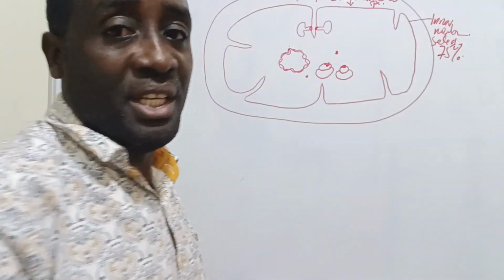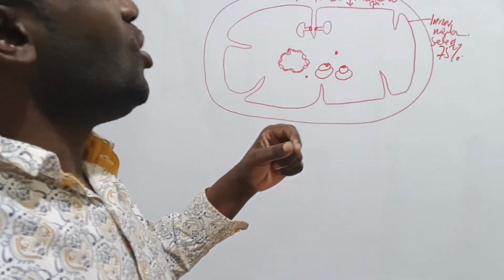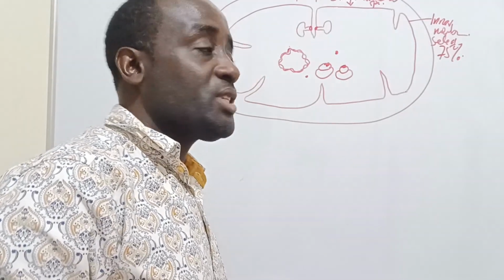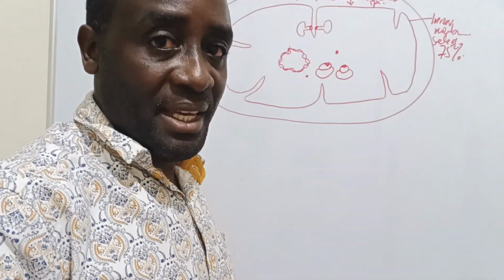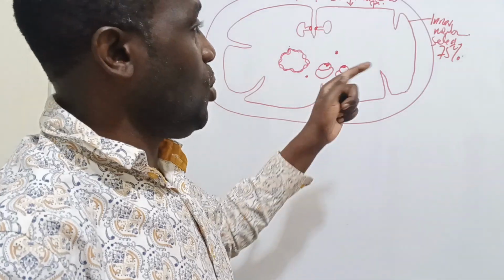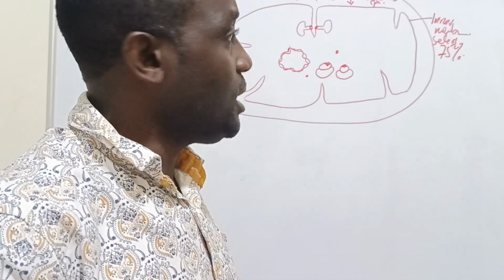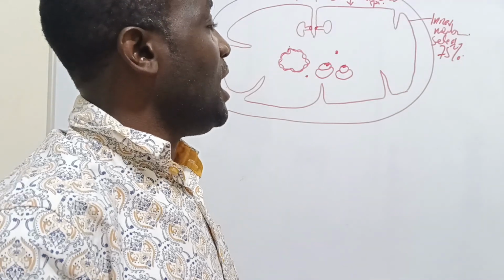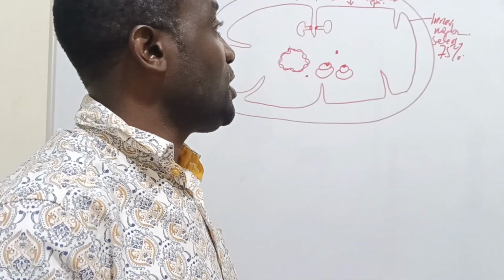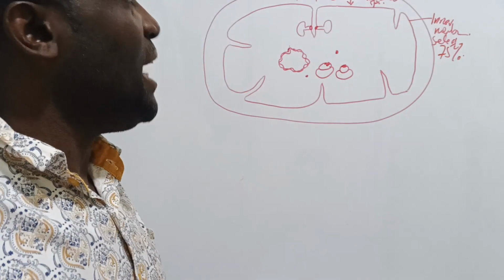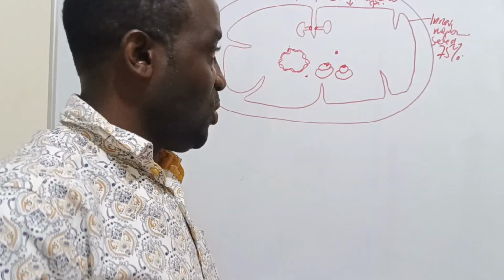Now, this inner membrane is about 75% proteins. We know plasma membranes as phospholipid bilayers. If you talk of a membrane having 75% proteins, with lipids and others taking only 25%, it is somehow not in line with the theoretical biology we know.